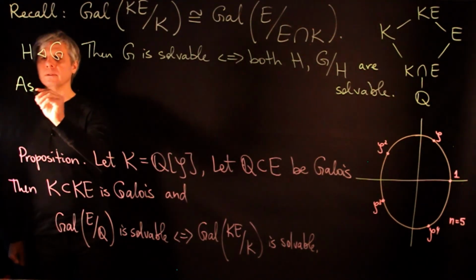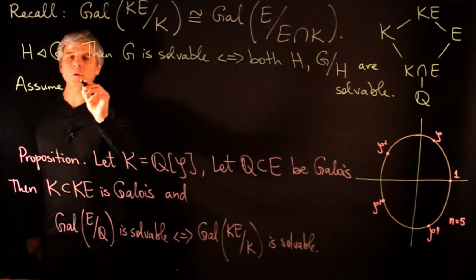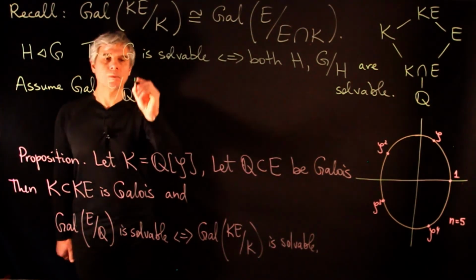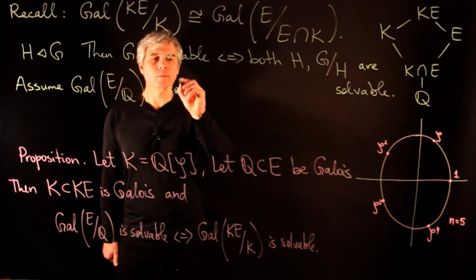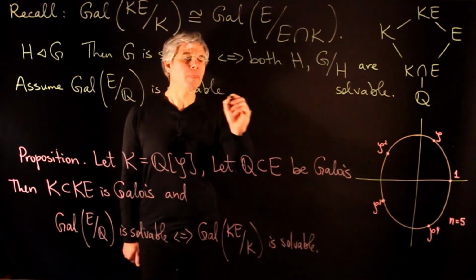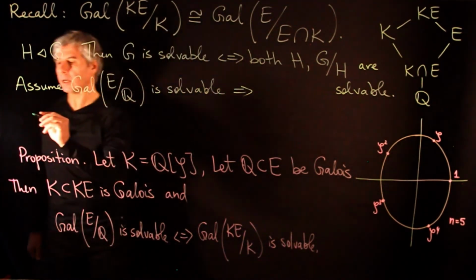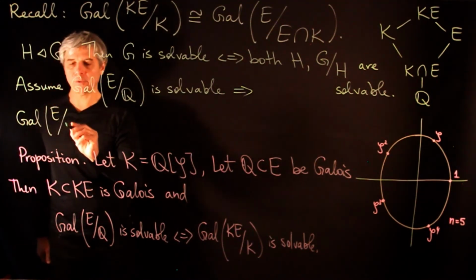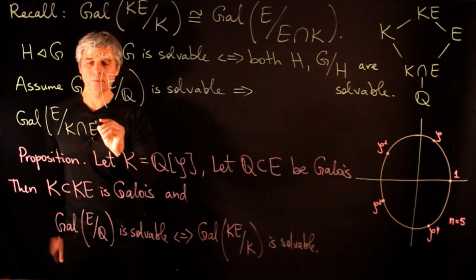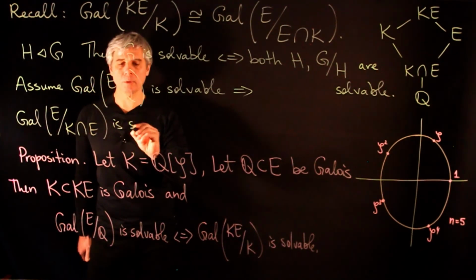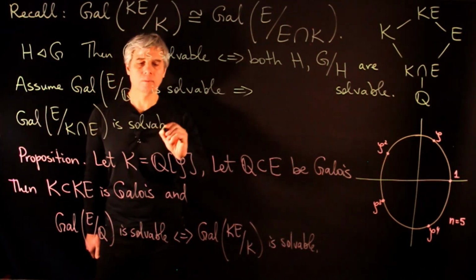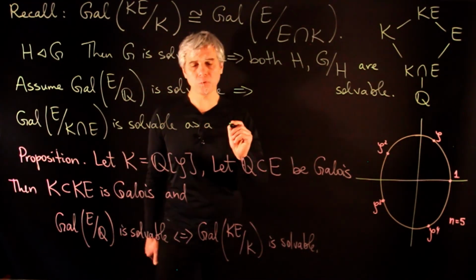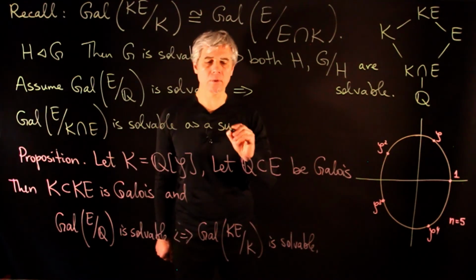Now, assume that the Galois group of E over Q is solvable. Then this implies that the Galois group of E over the intersection of K with E is also solvable, since a subgroup in a solvable group is solvable.